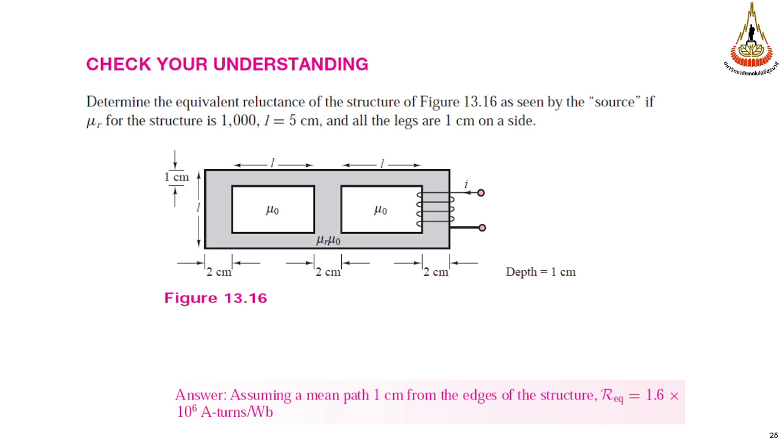Okay, then if we have a more complicated circuit like this, how do we calculate the magnetic circuit? I would like you to try by yourself. The circuit will be like this. You will have the reluctance of this path, reluctance 1, and then this path, this path, this path. It's just like a resistive circuit.